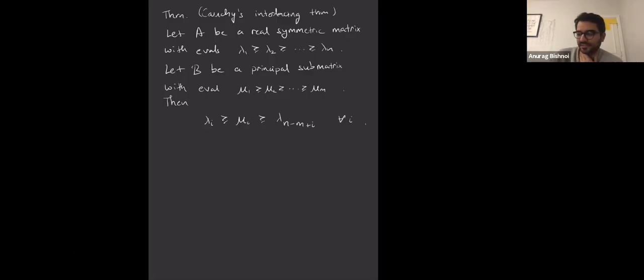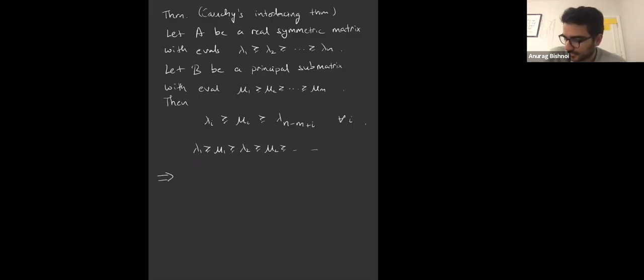So in particular, if m is equal to n minus 1, then you will get lambda 1 greater than or equal to mu 1 greater than or equal to lambda 2 greater than or equal to mu 2, and so on. So they are interlacing each other, these eigenvalues. That's where the name interlacing comes from. Okay, so once you have that, then you are done.